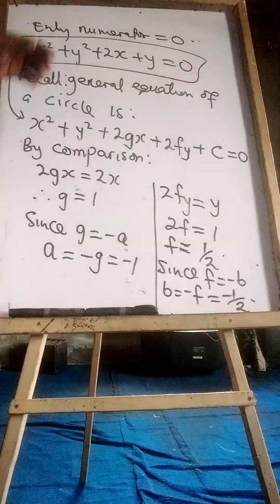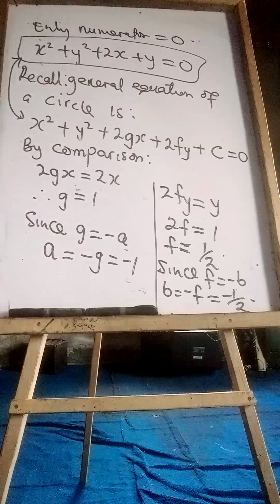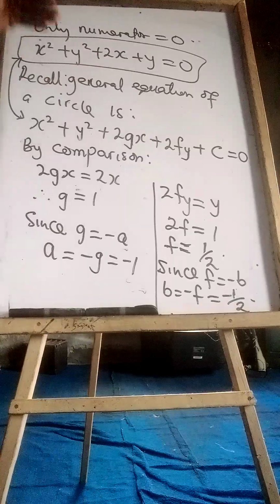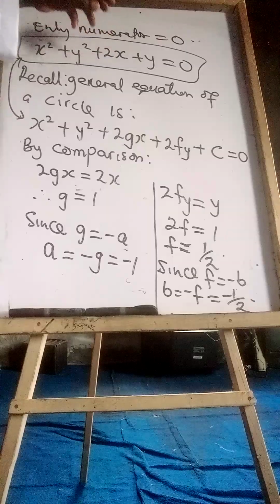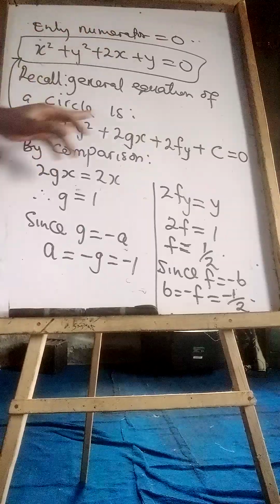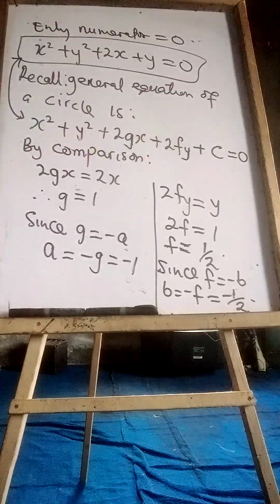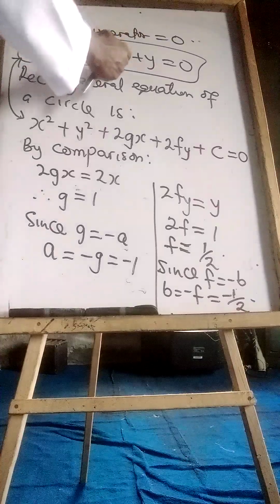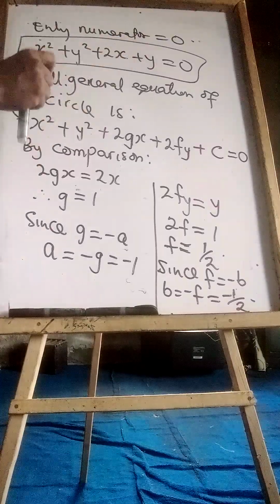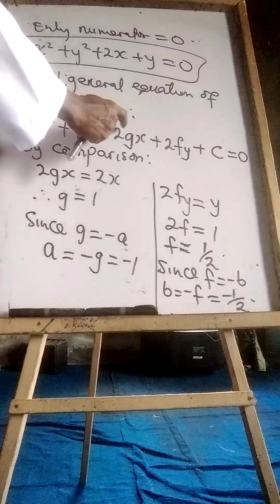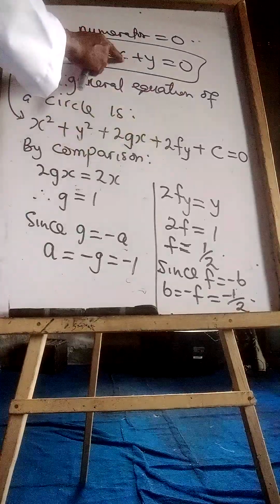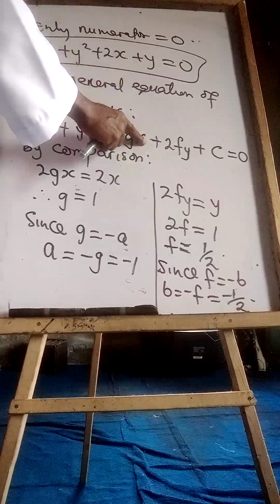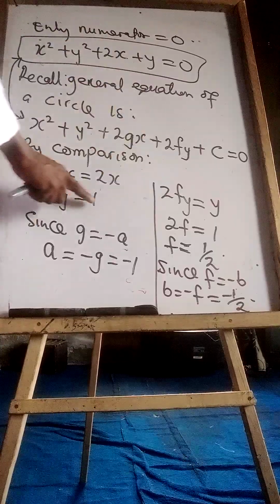By comparing coefficients, it is obvious that 2x is equal to 2gx here, because 2 is the coefficient of x, and 2g is the coefficient of x here. So from there, g is equal to 1.